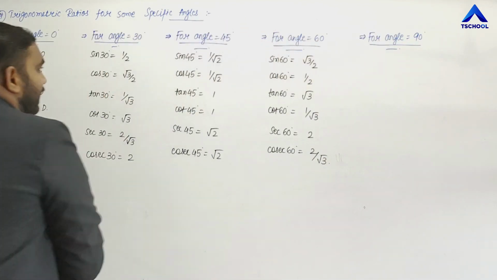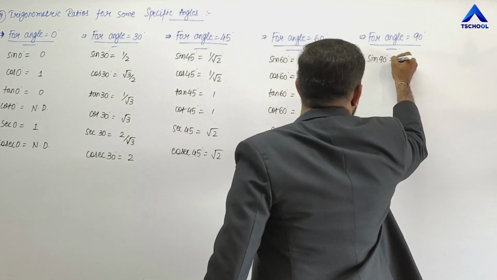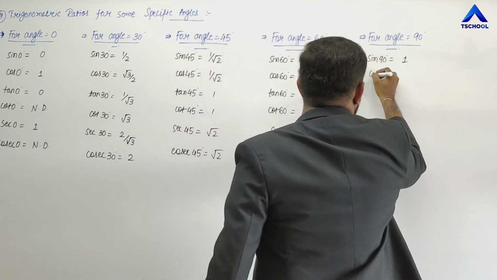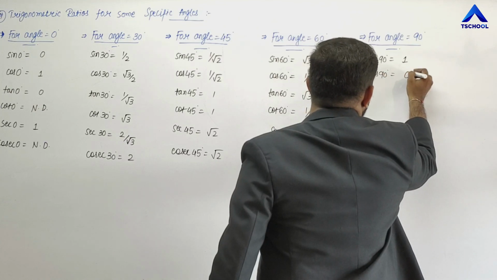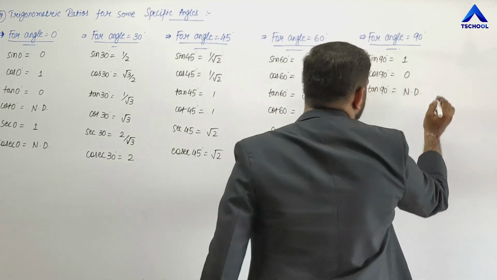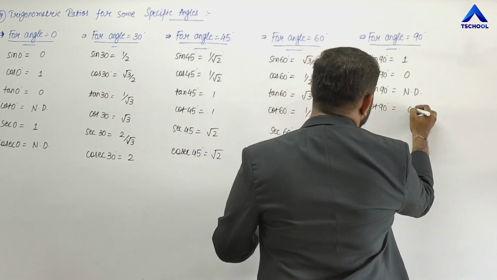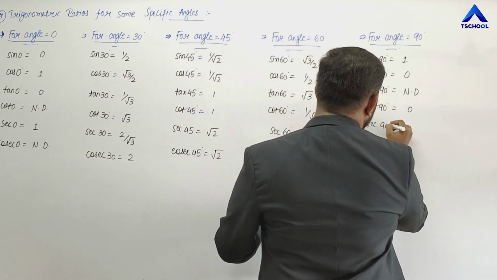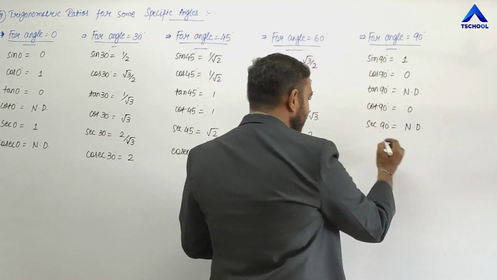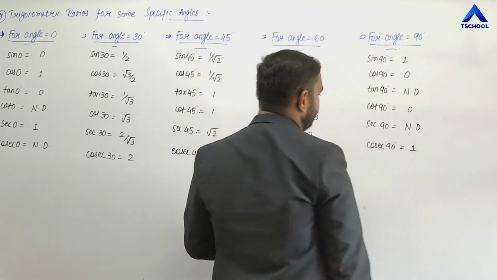So for angle equal to 90 degree, we will have sin 90 equal to 1, cos 90 equal to 0, tan 90 is shortly not defined, ND, cot 90 is equal to 0, sec 90 is shortly not defined, ND, and cosec 90 is equal to 1.